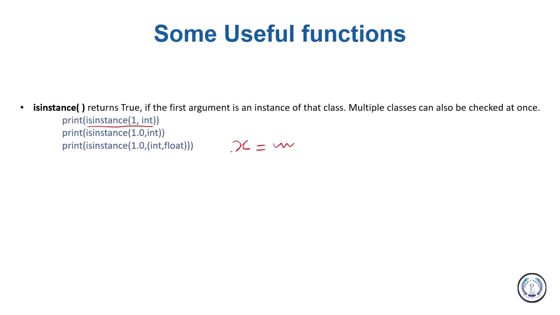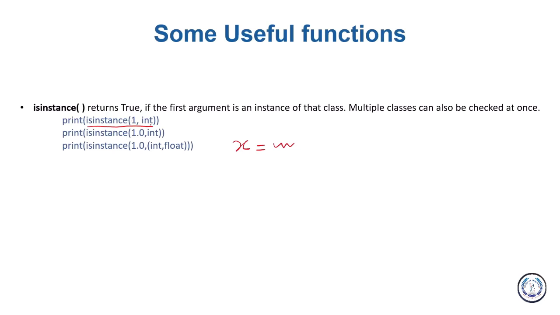It may be read from some file, or through input a user gives some number or something like that. So sometimes it becomes important to check the type of a particular variable. If we are expecting a particular type of input and the input is different, then this function might be helpful.